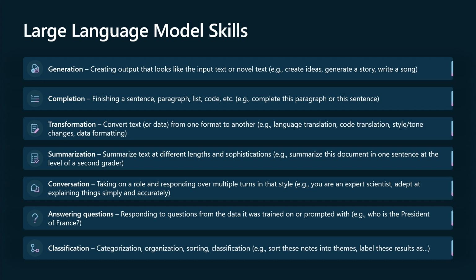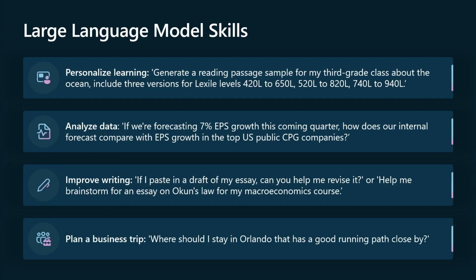And in addition to these individual skills, you can combine these skills to do some pretty sophisticated things. Educators could use them to create lesson plans, for example, that also include test materials. Other people can use them for all sorts of advanced purposes, like financial analysis using Copilot in Excel. Or maybe some of you even used this new technology to plan your trip here to Orlando.